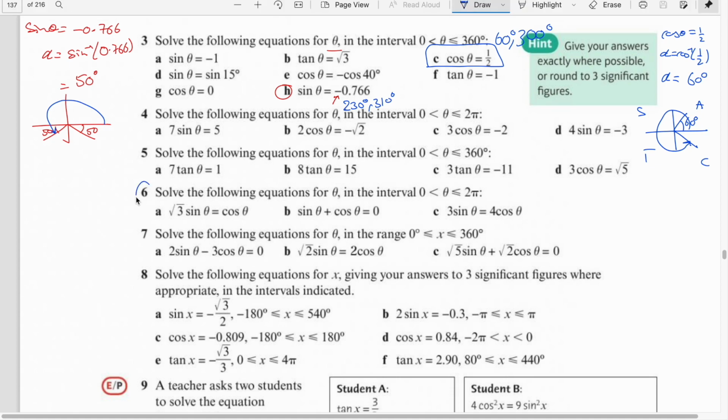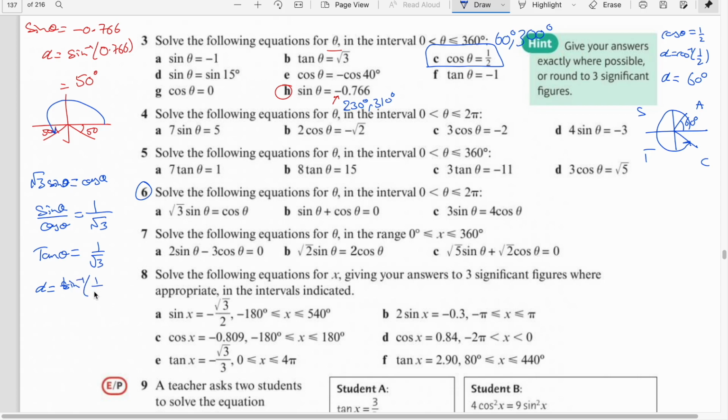So question number 6: square root of 3 sine theta is equals to cos theta. Now I'm dividing on the left hand side, so sine theta divided by cos theta, and I'm taking square root 3 on the other side. We know that sine theta over cos theta is tan theta. So tan theta is equals to 1 by square root 3. Now finding the basic angle, that is tan inverse.